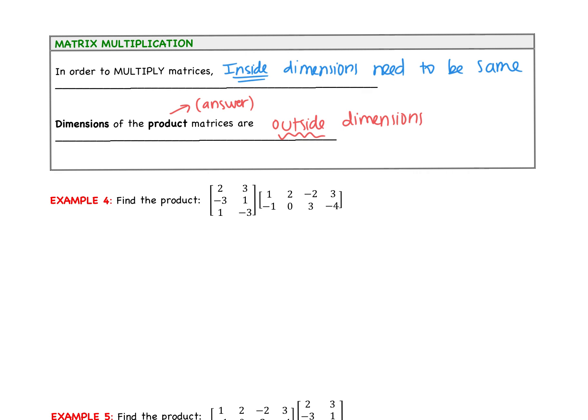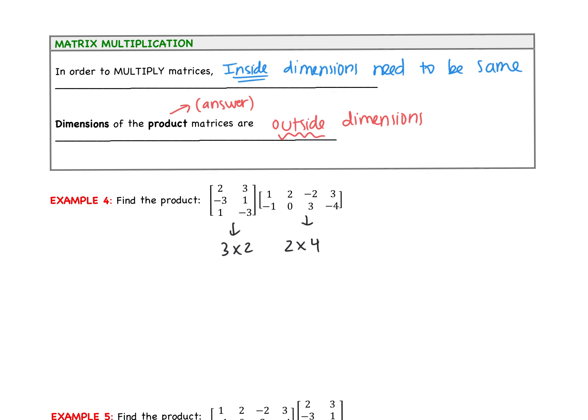Okay, so I know right now you're like, what the heck does this mean? It's going to be easiest if we do an example. So here's how we're going to start. You're going to write down the dimensions of both matrices. This first matrix has 3 rows and 2 columns. The second matrix has 2 rows and 4 columns. Now, if I asked us to add or subtract these, you would tell me that's not possible, because the dimensions are different. But can we multiply?